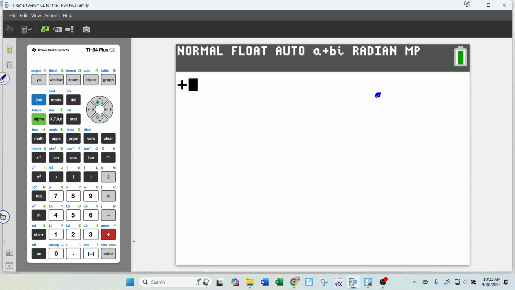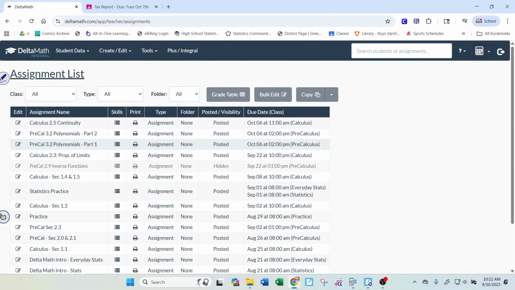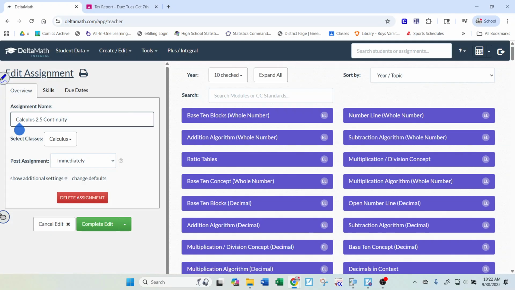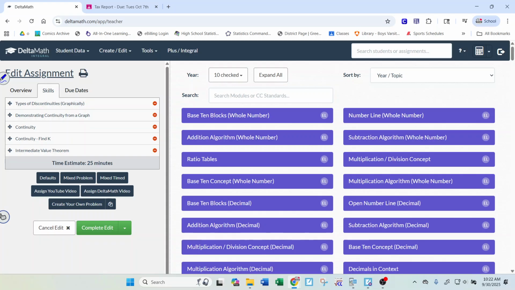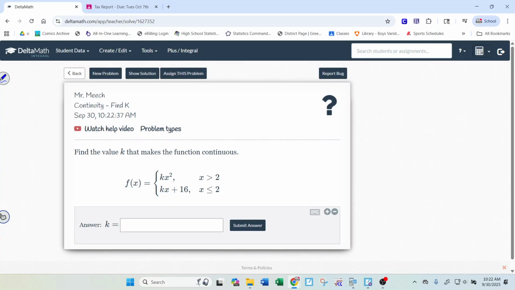Okay. So all that we're just trying to do is understand some of that. Is there something similar to this? Find the value of k that makes the function continuous. Well, what does that mean? So notice this is from the left and the right of 2, right?